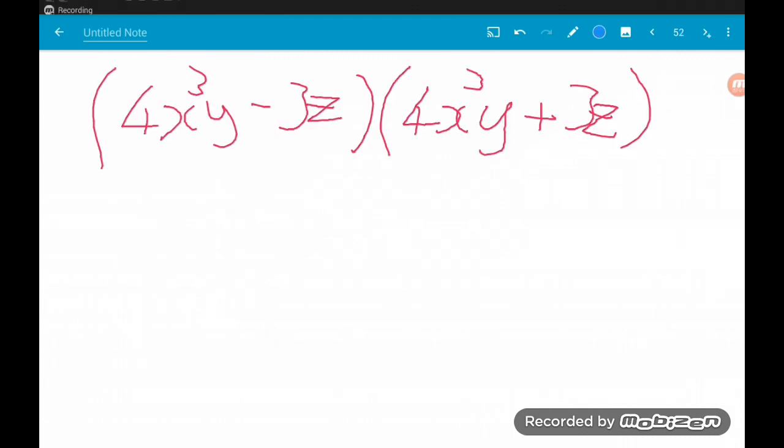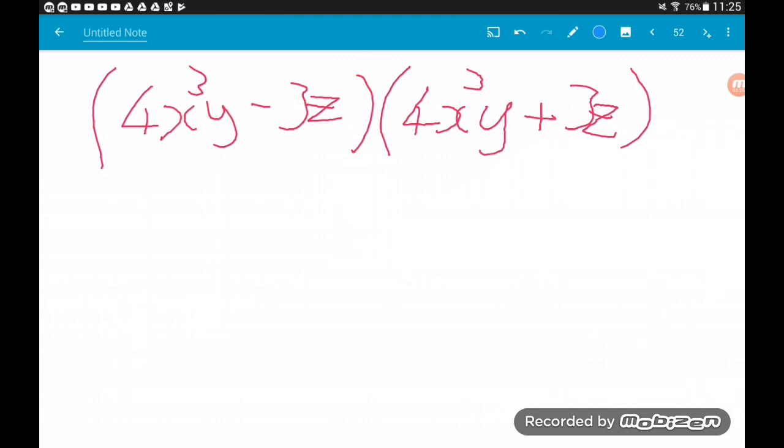Okay, question 7, the final question for this video. We want to expand 4x cubed y minus 3z times 4x cubed y plus 3z. So, this looks pretty scary, doesn't it? However, it's a special kind of thing. It's a difference of 2 squares.